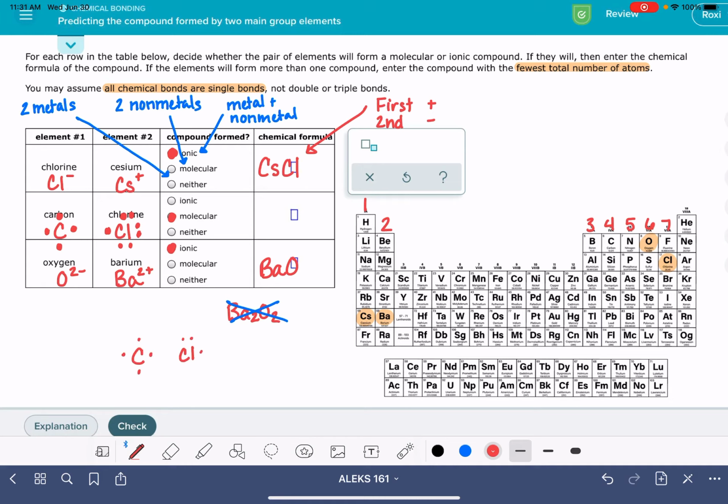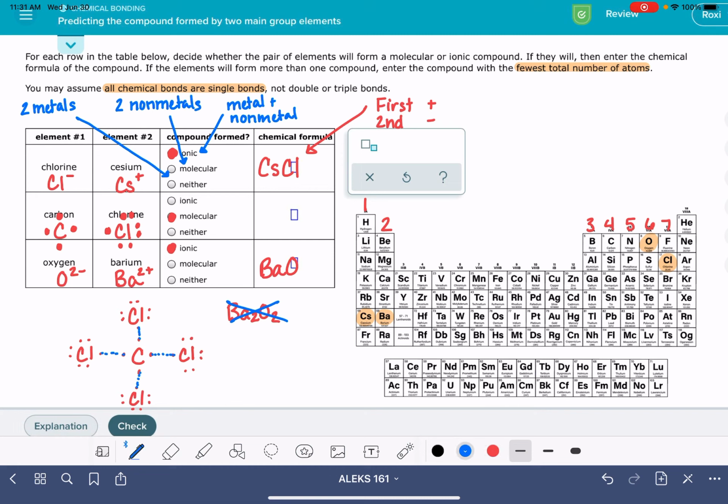What we're trying to do is combine the carbons and the chlorines in a way so that all of them have paired electrons, no unpaired electrons. And so what I'm doing is I'm matching up every chlorine atom's unpaired electron with one of the carbon atom's unpaired electrons, and we can use as many carbons as we need, we can use as many chlorines as we need.